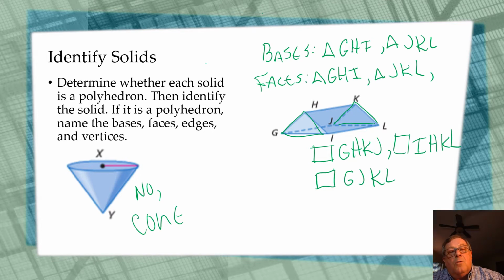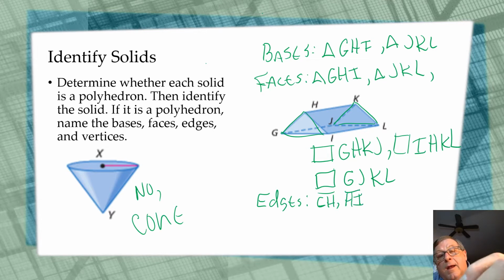I'm going to run out of room. What about our edges? Well, the edges are going to be these straight line segments. So let's start here on the base, the face of the base. I've got segment GH, and I've got segment HI, and I've got segment GI. Well, that takes care of the three right there. Let's just run along the back here. We've got segment GJ.